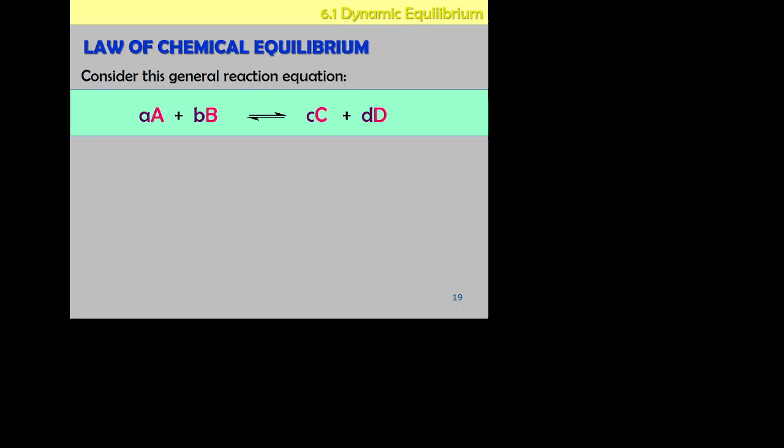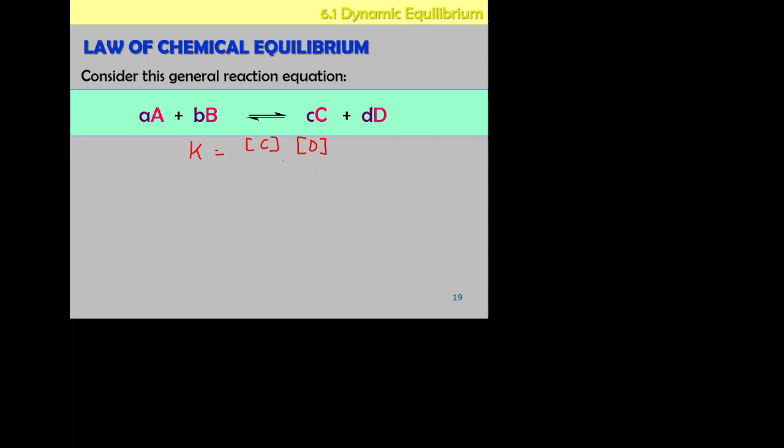We plot a graph, and usually we will have a constant. It is just saying that the equilibrium constant, which is K, is equivalent to the concentration of product, multiplied by the concentration of the other products. If there are many products, multiply them all. Doesn't matter.